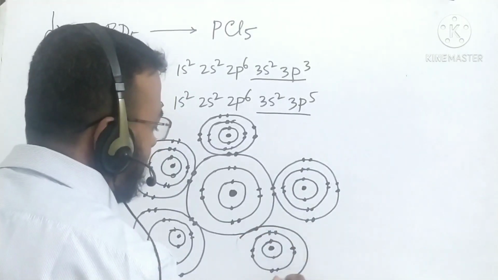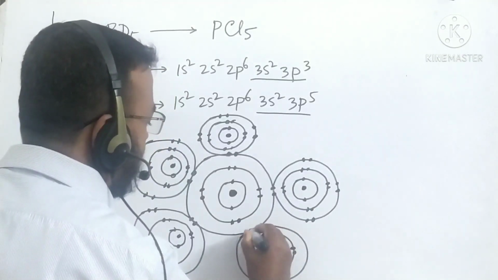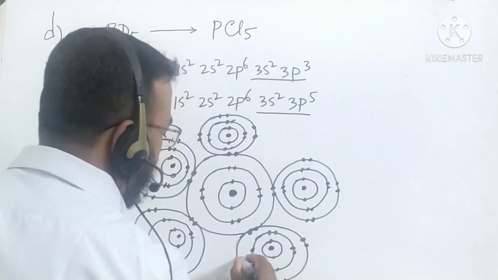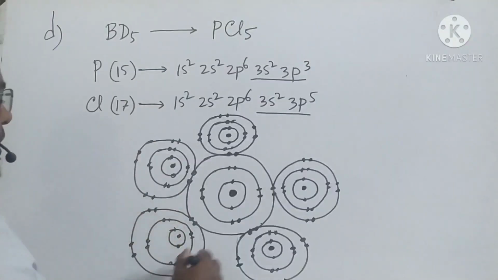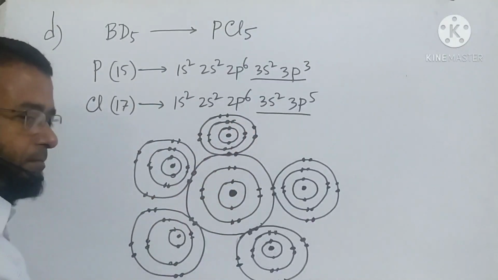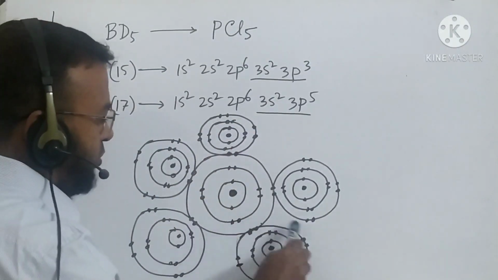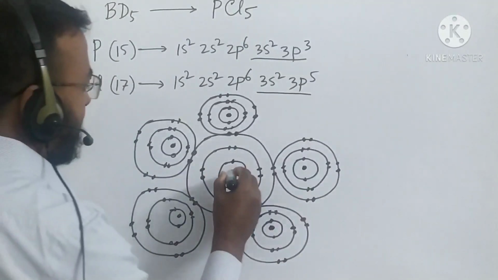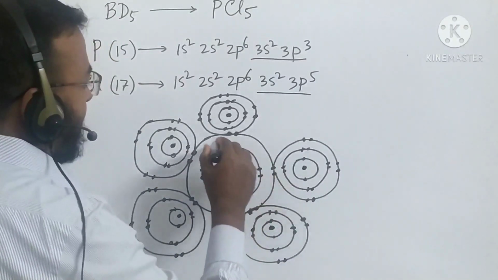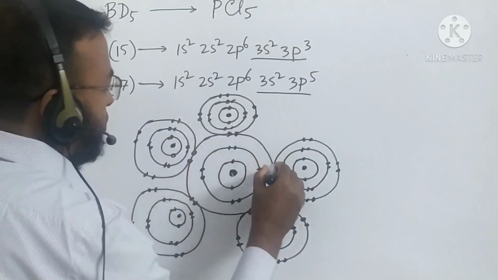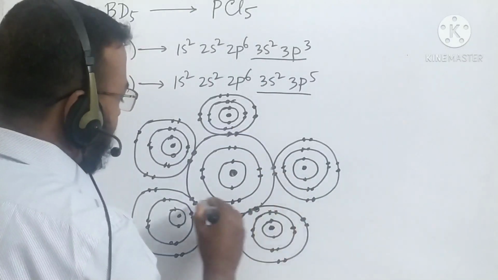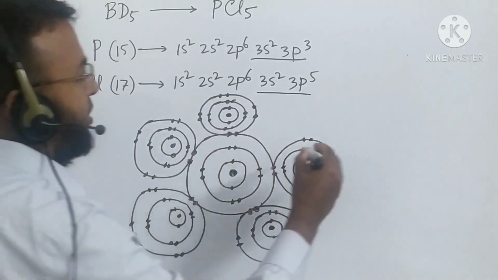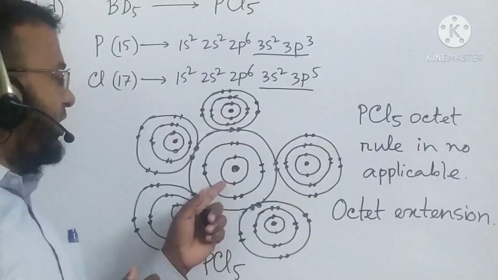Now the last one is also sharing one electron. So in this case you see that for all the chlorines the octet is fulfilled. But in case of phosphorus, in the last energy level there are 1, 2, 3, 4, 5, 6, 7, 8, 9, 10 electrons. So in case of phosphorus, the octet rule is not followed.